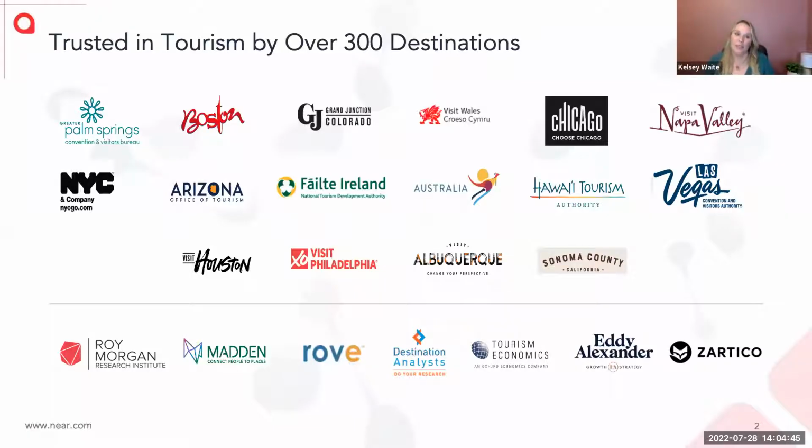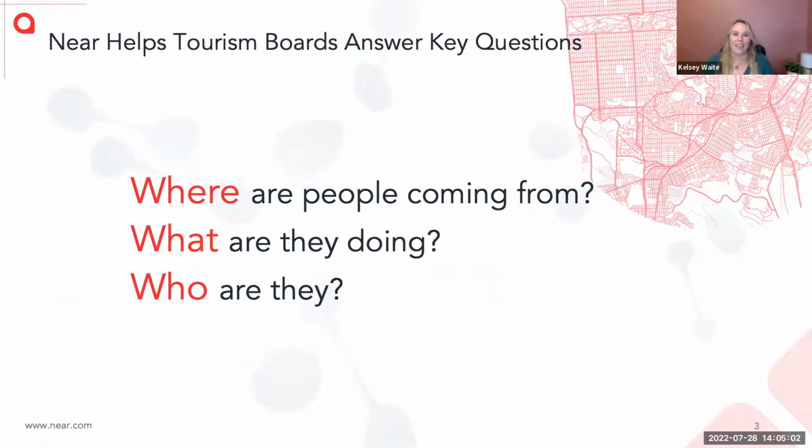First of all, we are trusted by over 300 destinations across the world. And this is between our direct relationships with DMOs and then our valued partners. You can see all of the people we work with at the bottom, and then we work with so many more destinations.